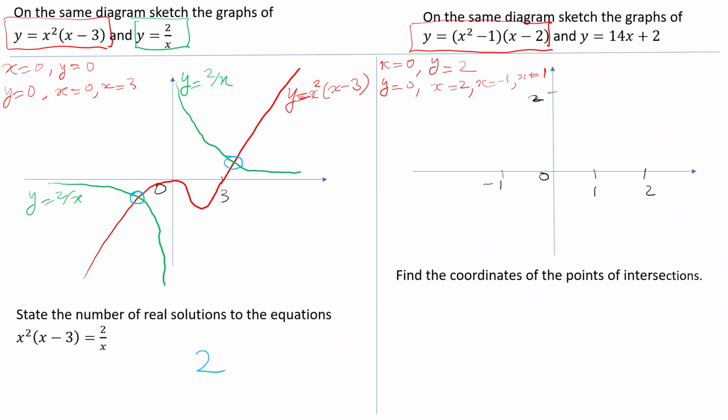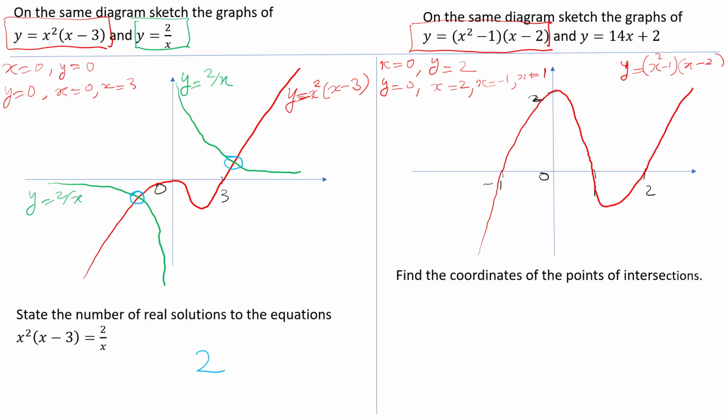The graph comes like this. Let's label it: y equals x squared minus 1 times x minus 2.